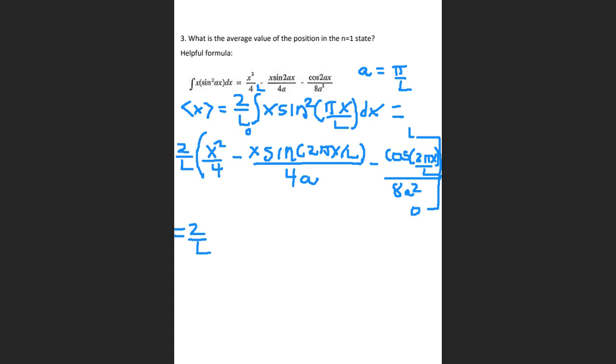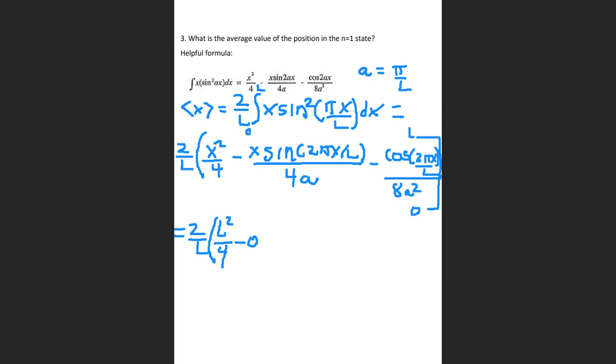If we look at the first term, x squared over 4, if we plug in L, we get L squared over 4. If we subtract the value at 0, we're subtracting 0 squared over 4, which is 0. So the first term provides L squared over 4 minus 0.